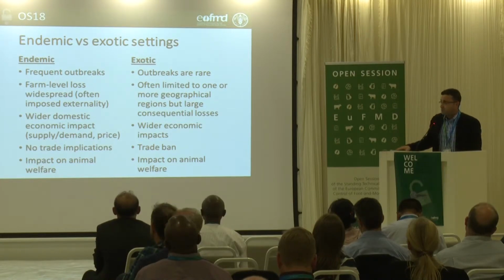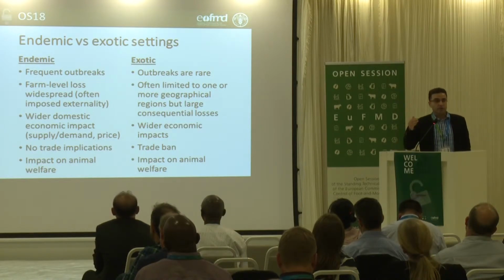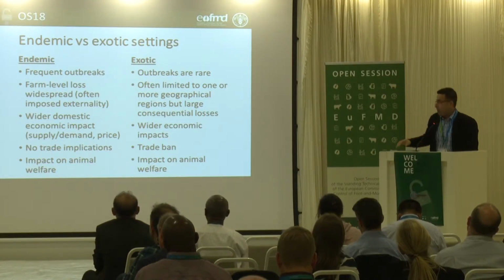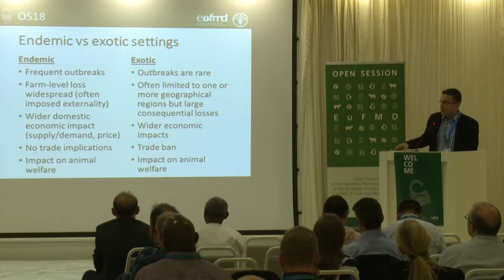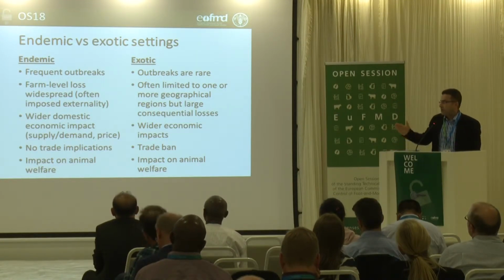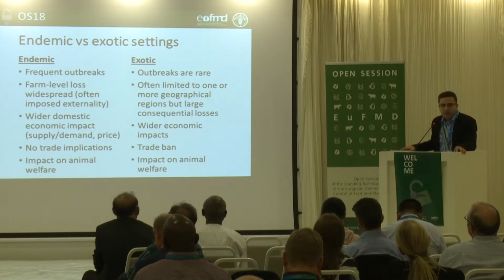It has wider economic implications in terms of the impact on supply and demand of products and livestock, and impact on prices. But often, though not always, there are no trade implications, as we have in exotic settings. And impacts on animal welfare and human welfare are also important.